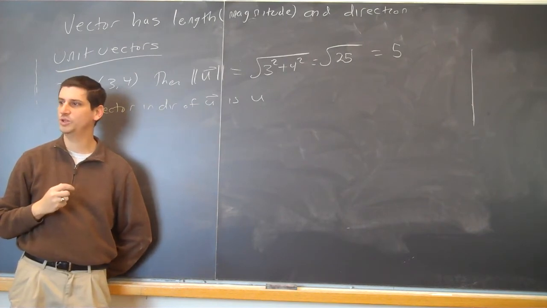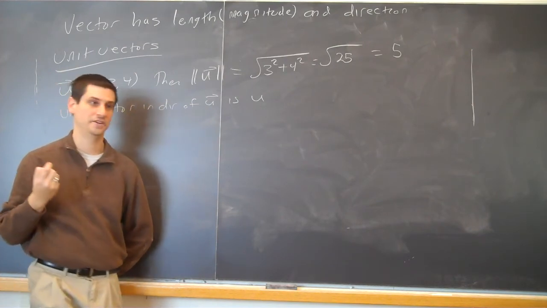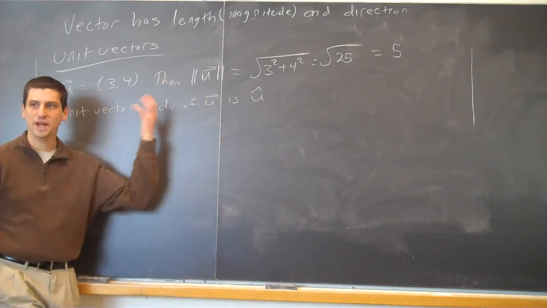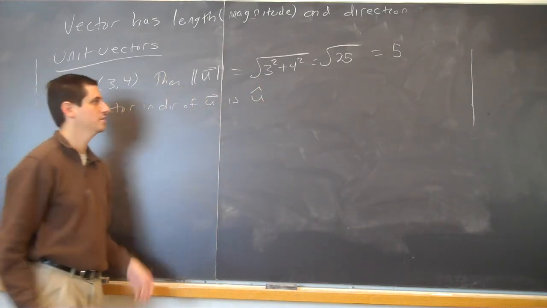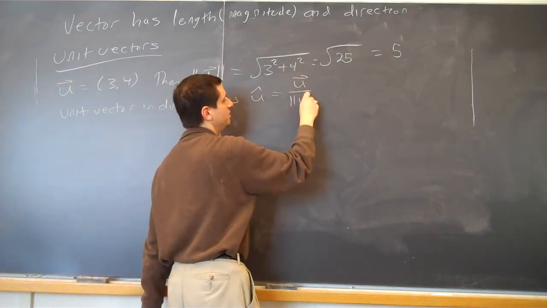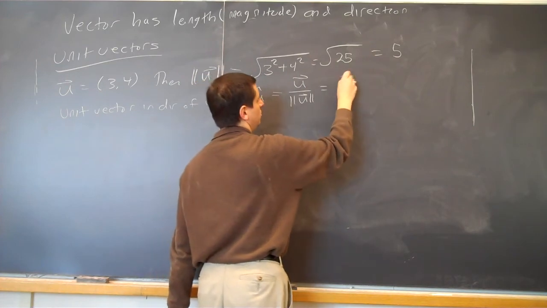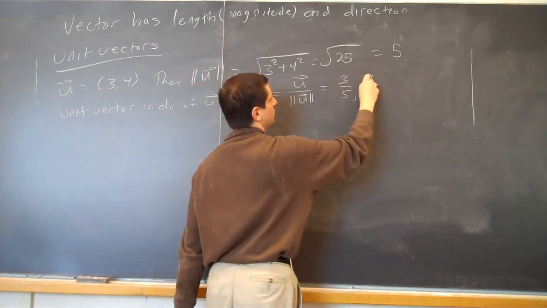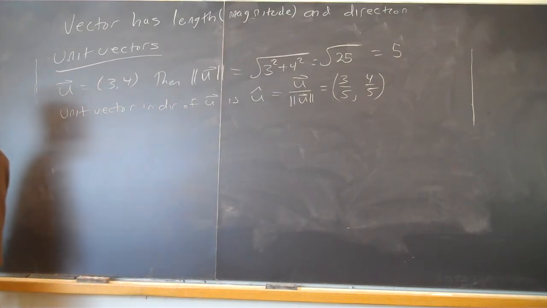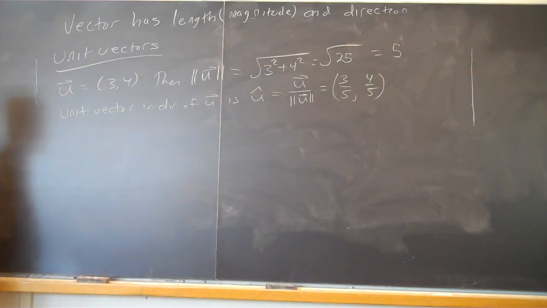Instead of using an arrow, we use a hat. Just like we're doing with the i hat, j hat, k hat. I put a hat to mean it's a unit vector. This is going to be the vector u divided by the length of u. And that will be (3/5, 4/5). So it's frequently useful to have a unit vector in a given direction.